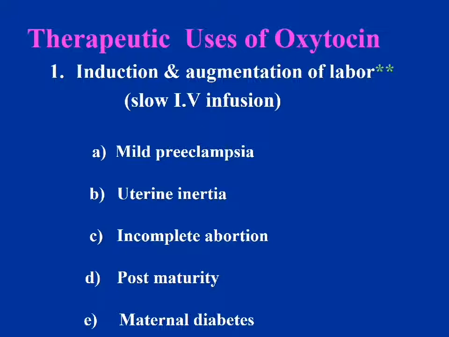I mean, all those are the situations in which induction and augmentation of labor are achieved by the use of oxytocin. And those are the indications, along with post-maturity and maternal diabetes. Those 5 indications must also be kept in mind.